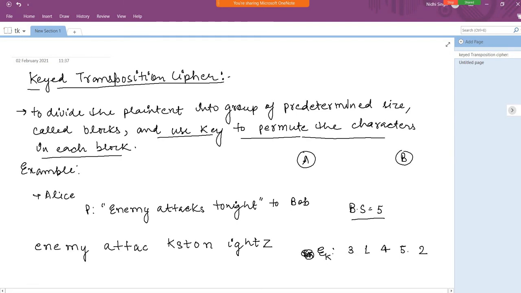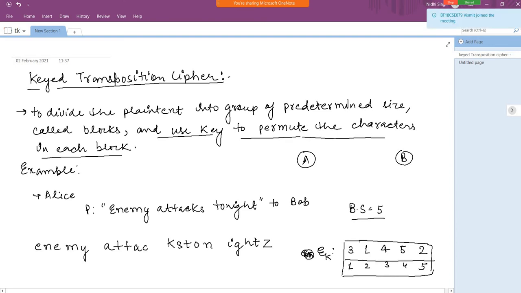Each value is associated with a particular position inside the block, with indexing 1, 2, 3, 4, 5, since the block size is 5. So 3, 1, 4, 5, 2 is your permutation key for the encryption process. It is the encryption key. How to permute the characters in order to generate the ciphertext, that we will learn.